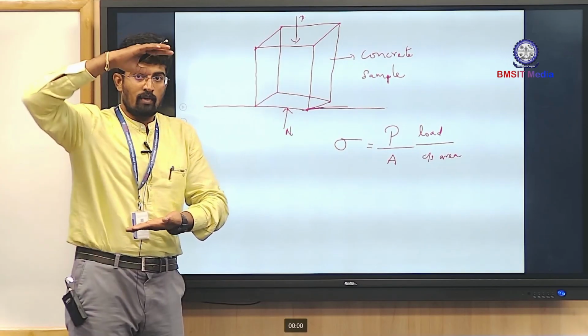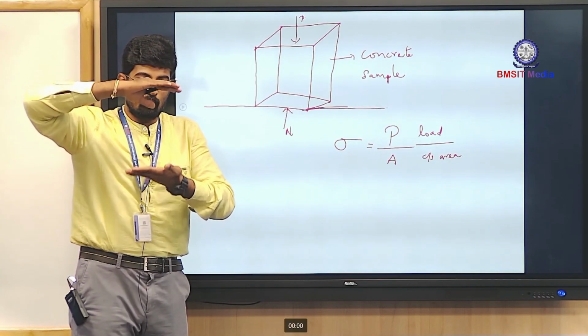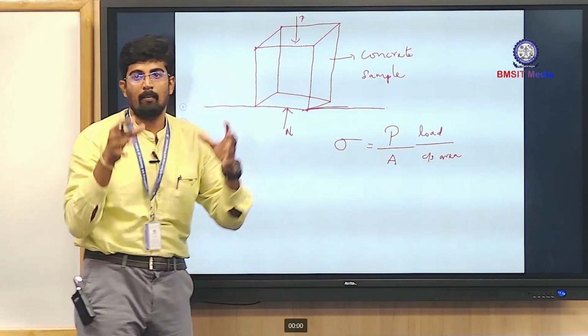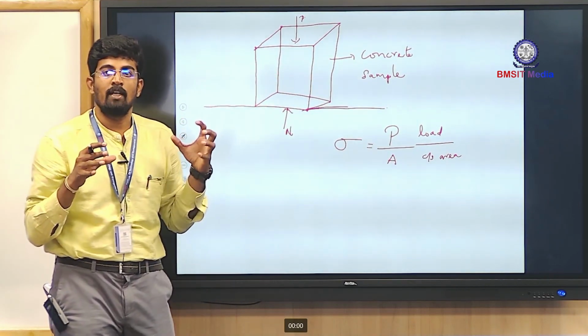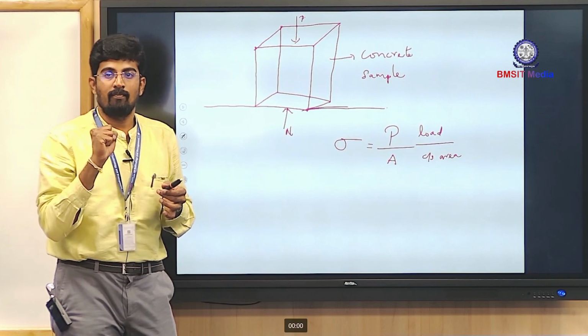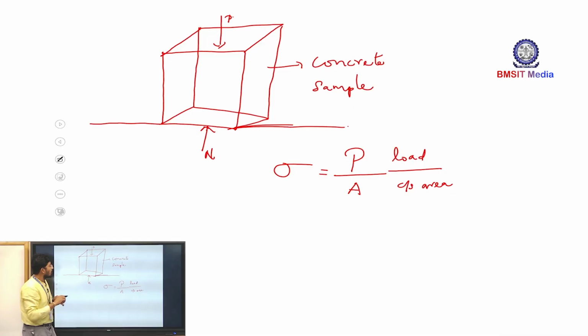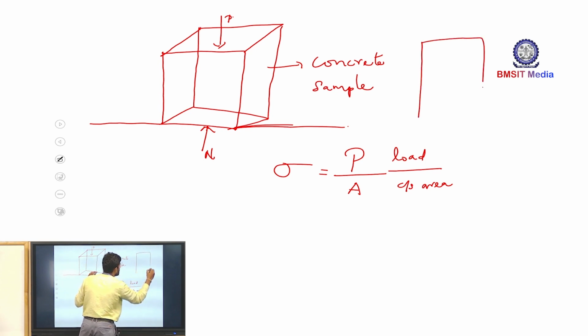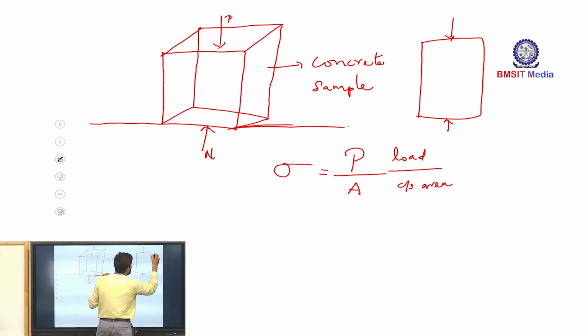What will happen if I apply a load over the sample like this? It will get compressed. Initially the sample has some size, and after applying the load, the size will eventually be reduced.